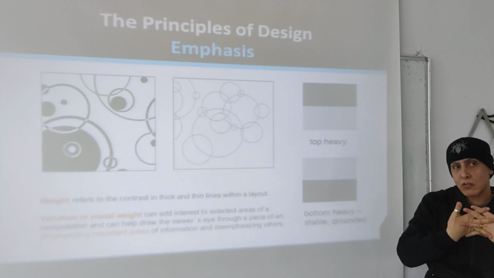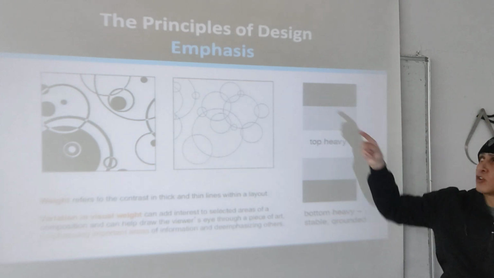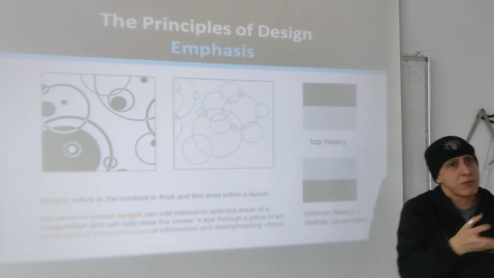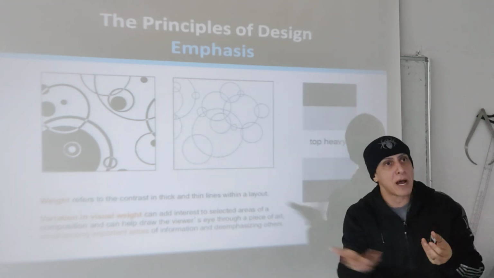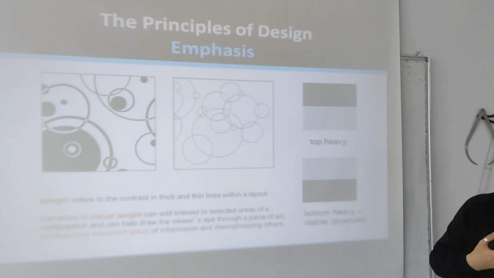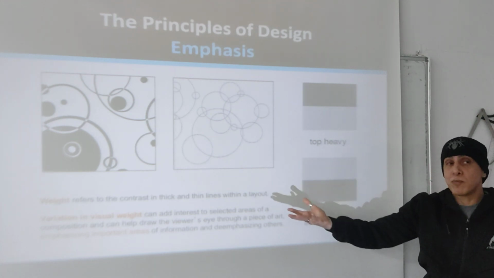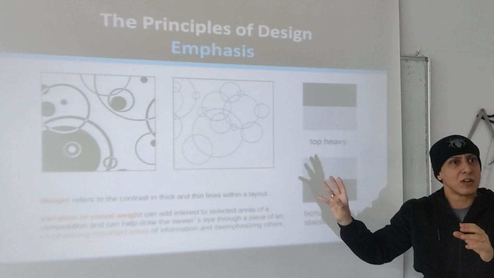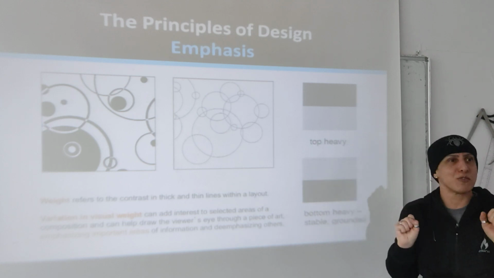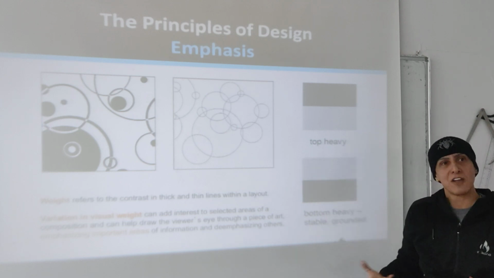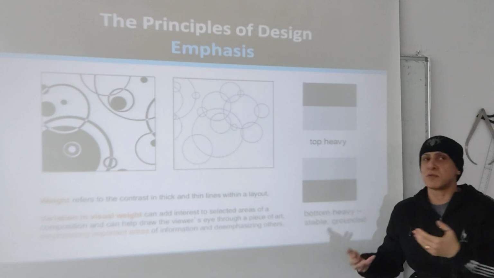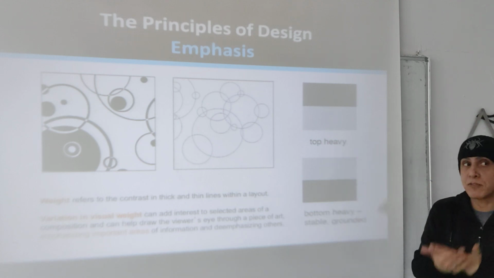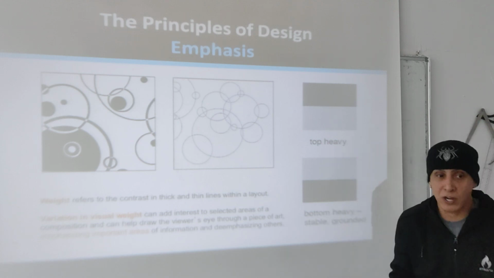So usually you don't have just one, you don't have just emphasis. You have emphasis, and you have to consider balance, you have to consider many, many principles of design. It's rare that you have just one element of design, one principle of design. It's usually a combination. Several elements, several principles come together to create the final composition. Okay?